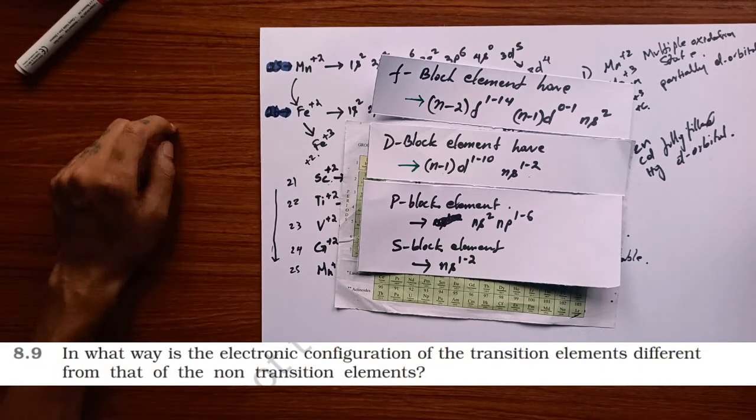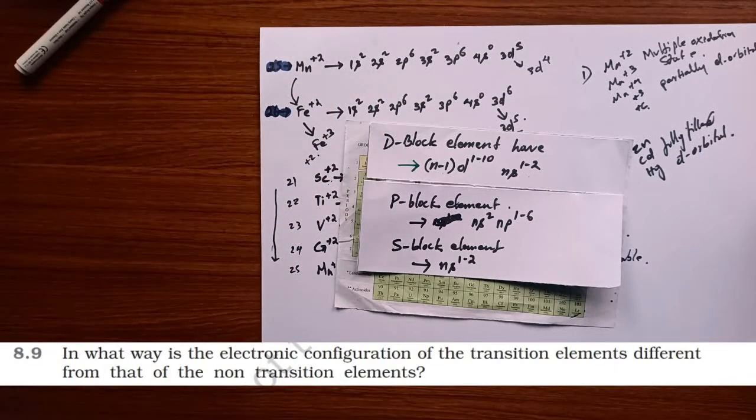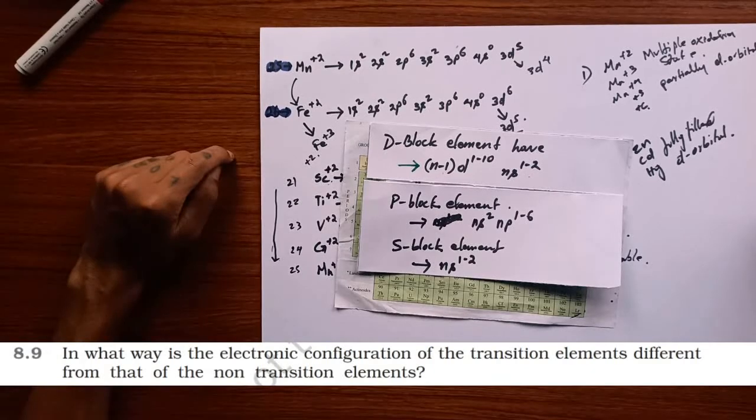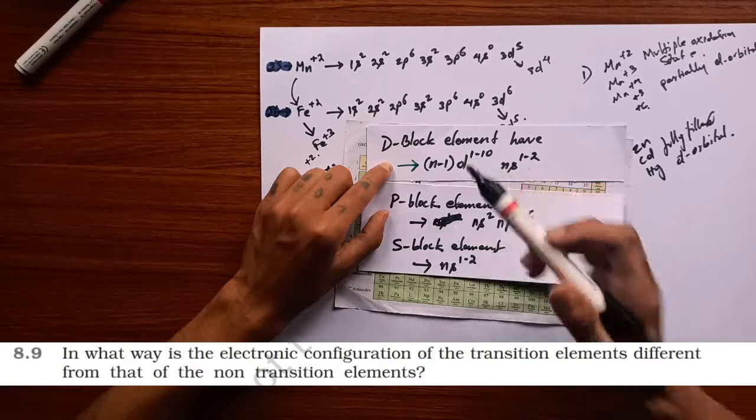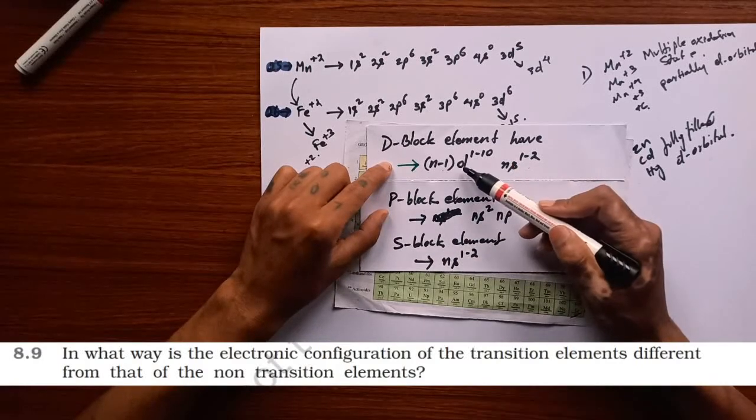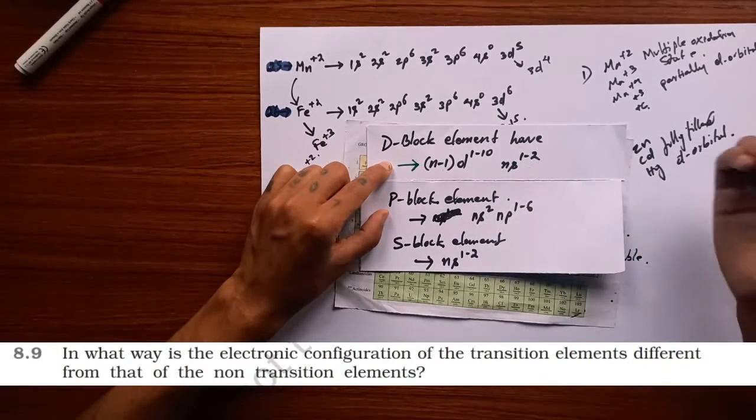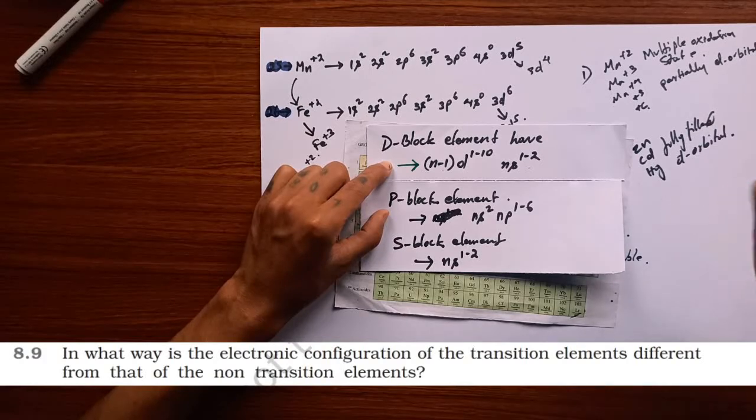Just to note that the other blocks usually don't have these d orbitals, and even if they have, their d orbitals are going to be completely filled.